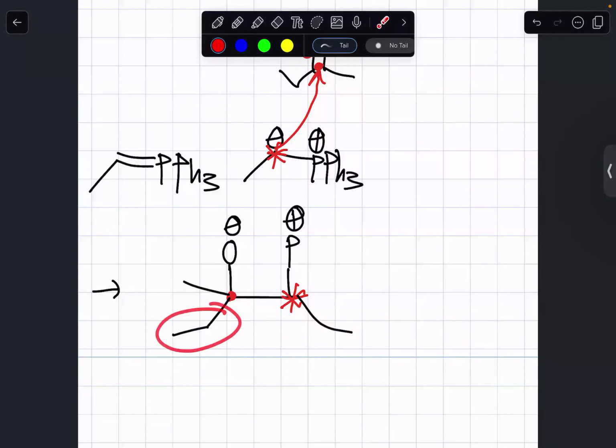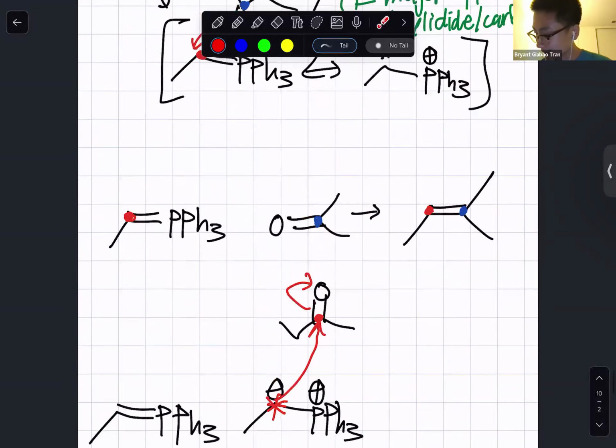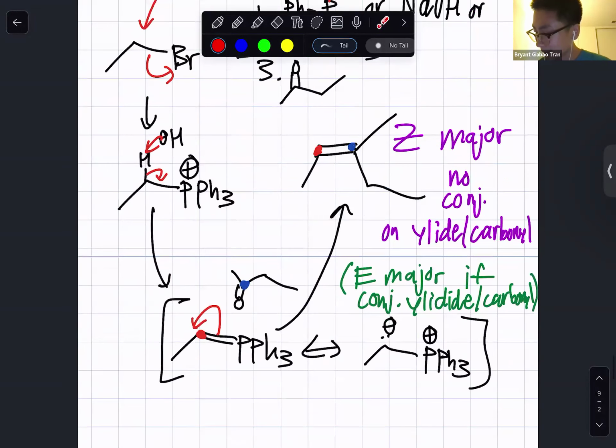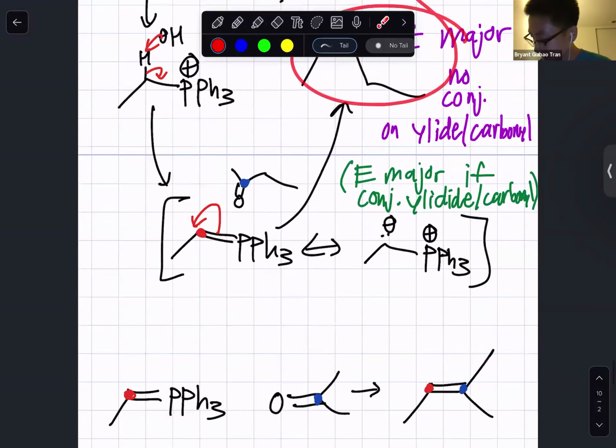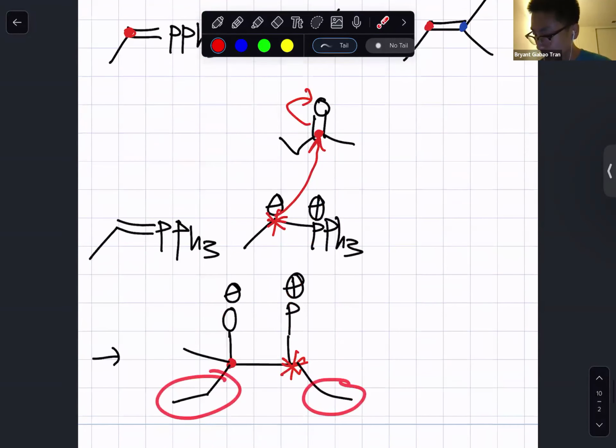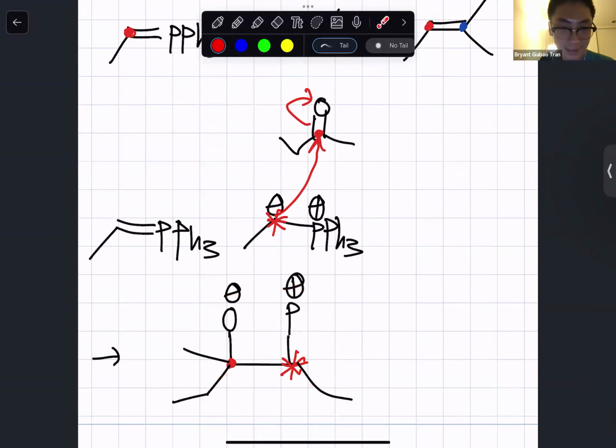The bulkiest groups facing away from the oxygen and phosphorus leads to the Z alkene, the Z alkene major product, because it wants to avoid steric hindrance between the oxygen and phosphorus.